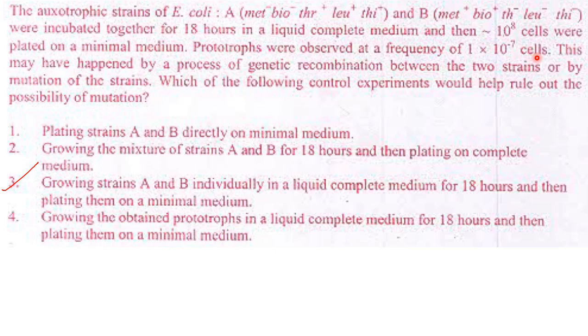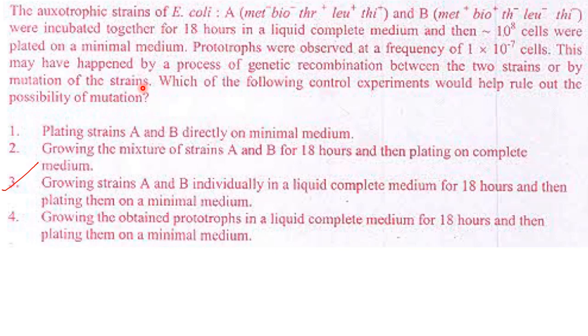Prototrophs means those which can synthesize their own, or I can say they can grow on minimal medium. So this may have happened by a process of genetic recombination between two strains or by mutation of the strain.